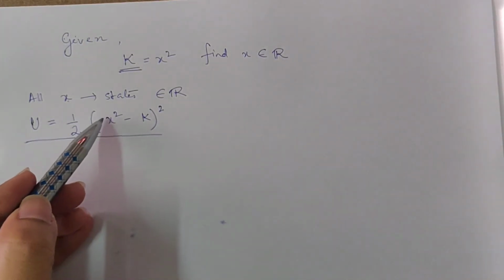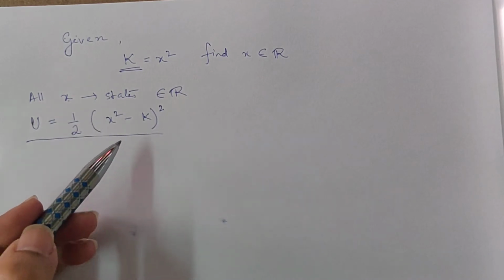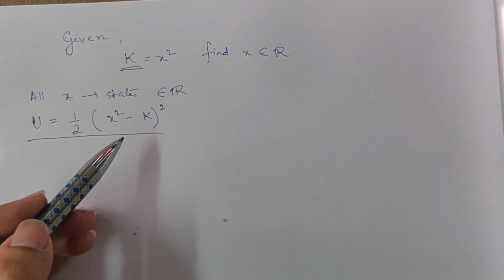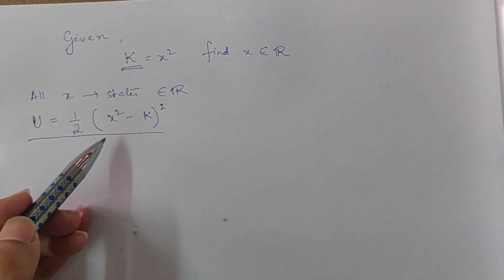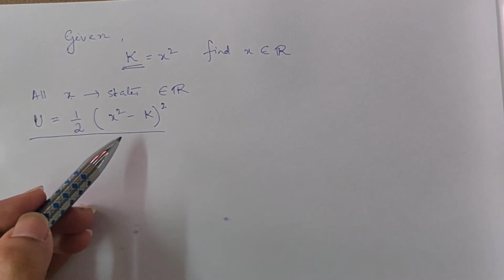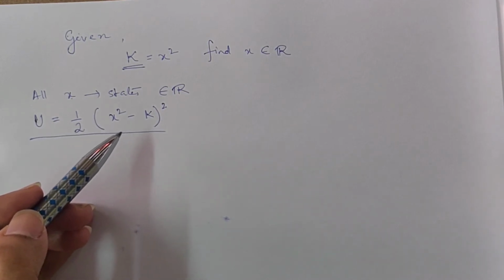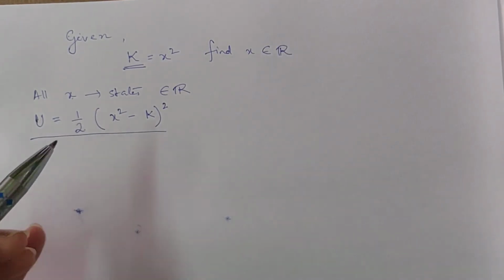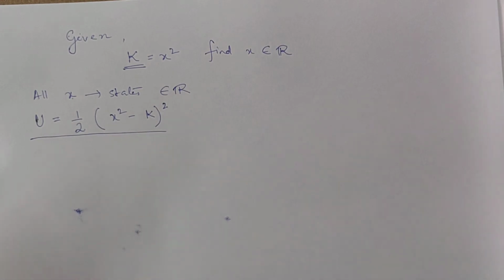If my x is close to the square root of k, then x square will be very close to k, and x square minus k will be a very small number. So u will also be a very small number. Accordingly, I have posed this objective function, and I want to minimize this objective function, right?